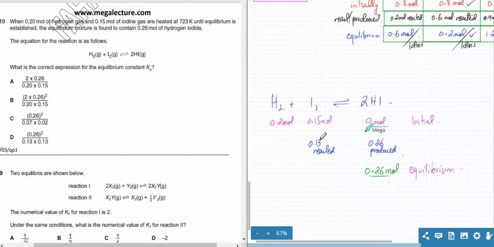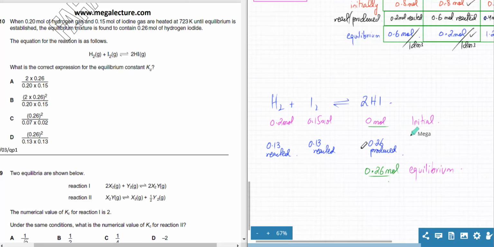Sir, I didn't get this. How did you get 0.13? One second, I'll explain. Is this clear? Initially you had 0 moles of HI. You put them all in a container, and a reaction happened forward, backward, and so on, and at equilibrium you figured out that there were 0.26 moles.